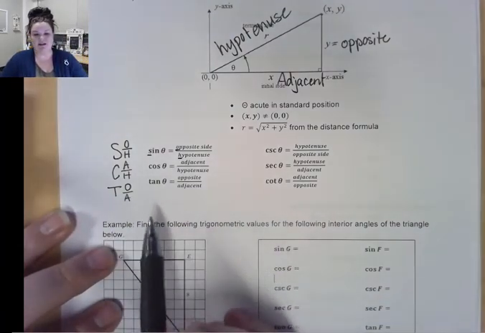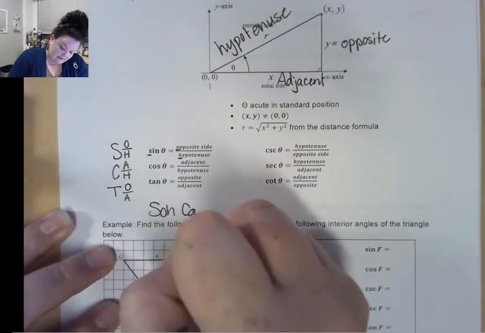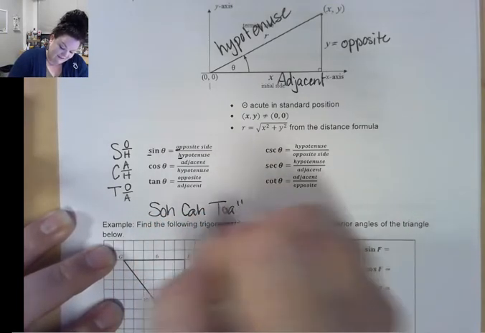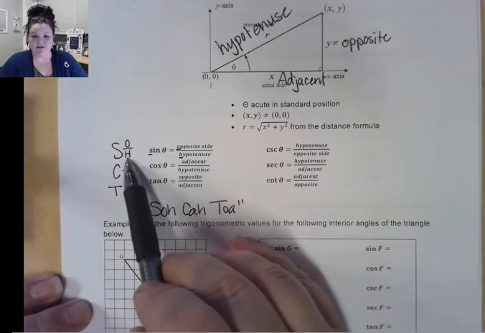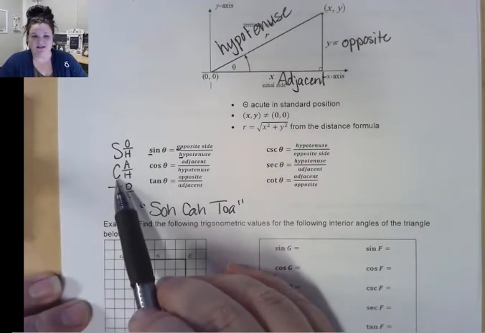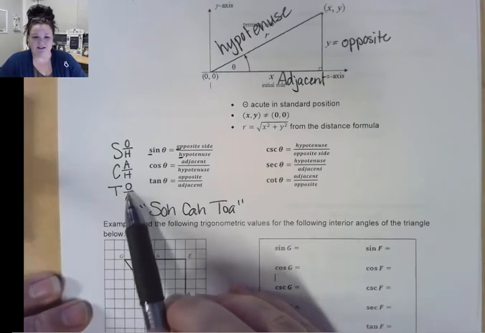Notice if I made little words out of this, it looks like SOHCAHTOA, which sounds like a fun little language. But it helps us remember: sine, SOH, is opposite over hypotenuse; cosine, CAH, is adjacent over hypotenuse; and tangent, TOA, is opposite over adjacent.